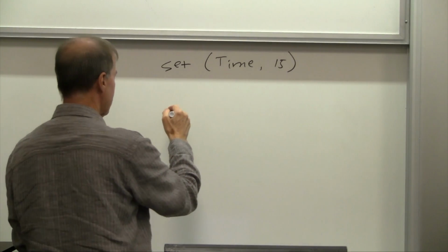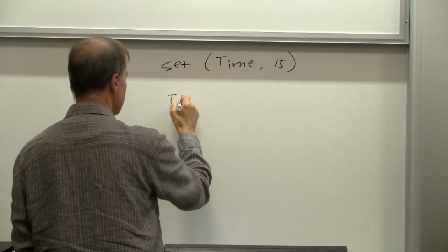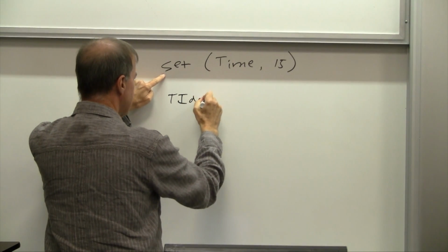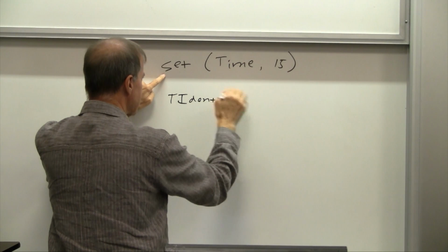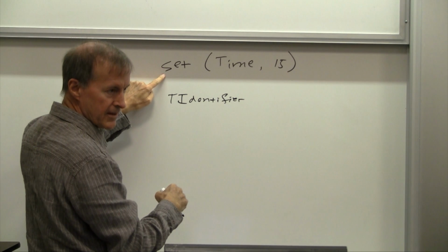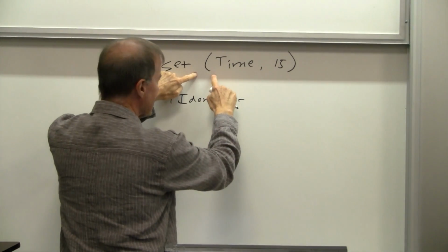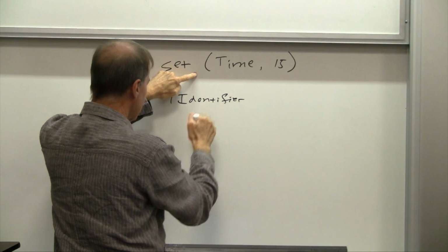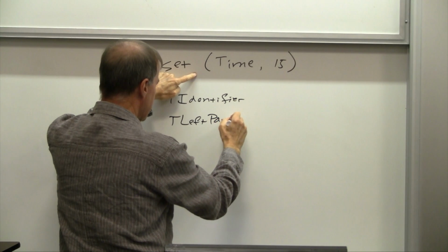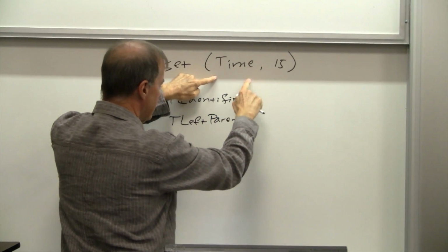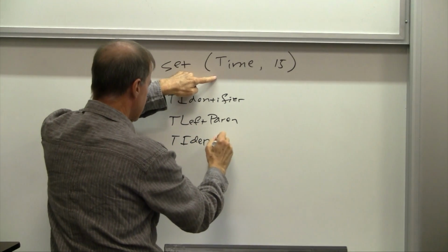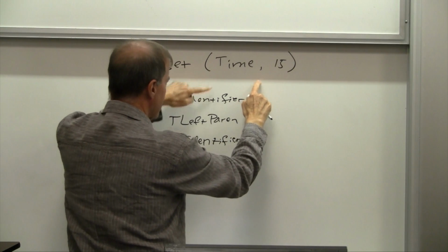Yeah, first it's going to be an identifier, so T identifier for this, right? And then what will it be? It'll be T left paren. So it will detect this as a token, a T left paren. Are you with me? And then T identifier. And then what will it do?